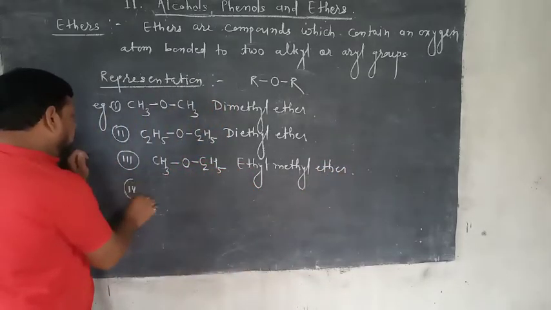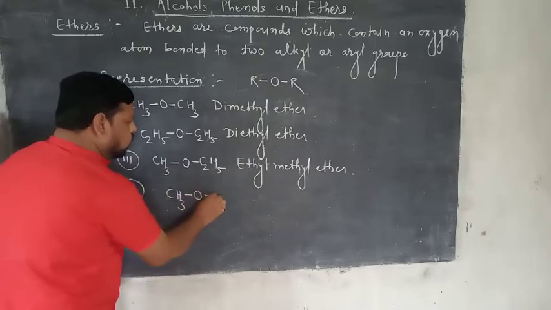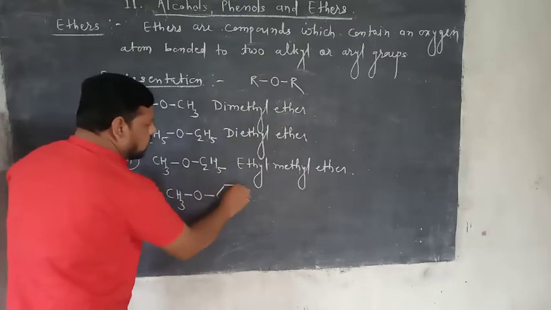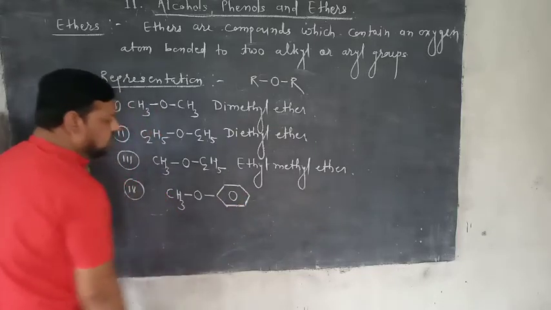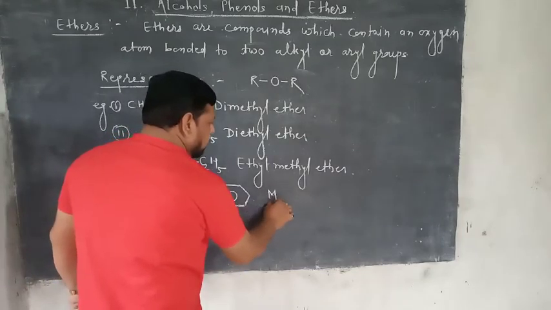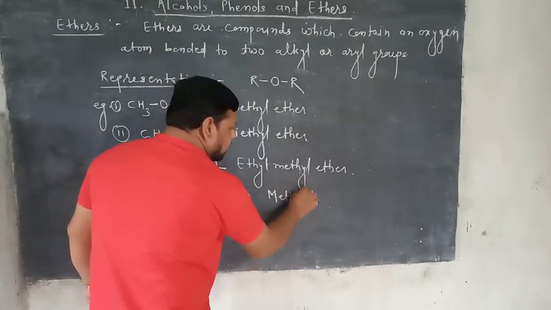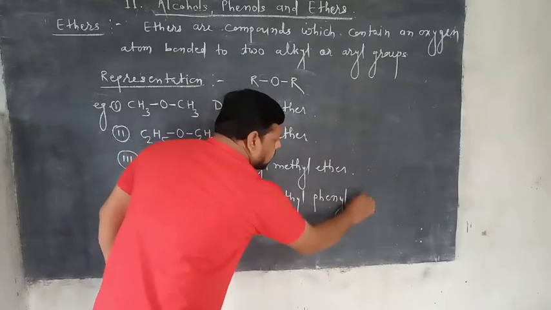Next compound, CH3OC6H5, that is the phenyl group, and the name of this compound is methyl phenyl ether.